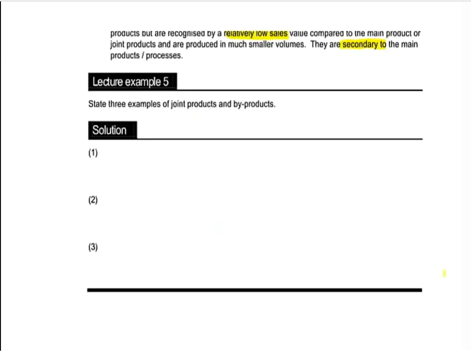So examples then of production processes with joint products and byproducts. We've already seen then the sawmill, so we get the timber and the paper and also the sawdust. And there will be some further processing there. For example, the timber may need to be planed and the paper will need to be made from the pulp.